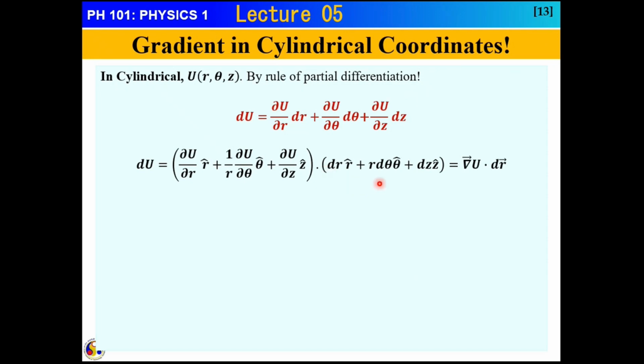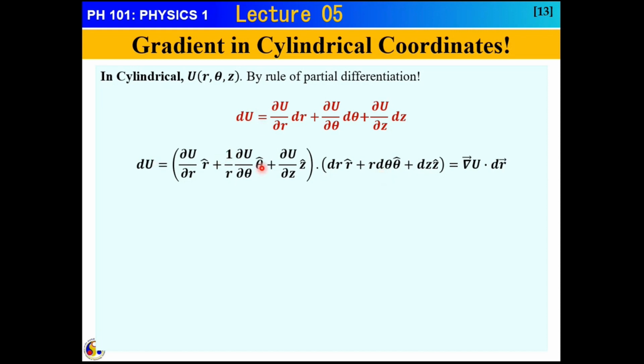What is the small vector if I move from the point r, theta, z to the point r plus dr, theta plus d theta, z plus dz? This small vector dr can be written as dr r cap plus r d theta theta cap plus dz z cap. This one we derived when we were discussing the coordinate system.